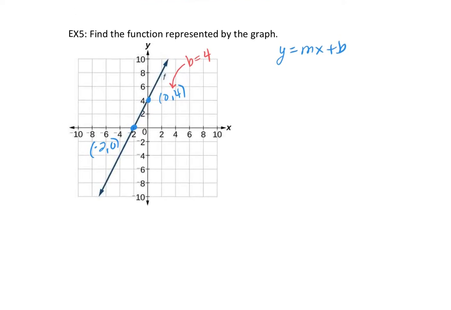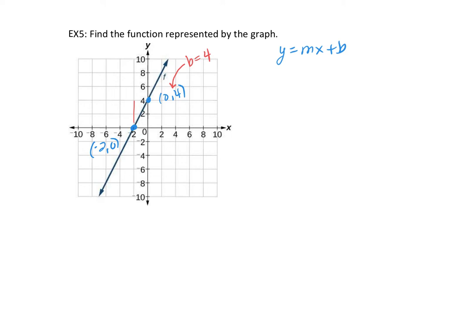If I were to count, I have to be really careful that I'm looking at how the axes are labeled. Notice that these skip, like it goes 0, 2, 4, 6, 8. So each tick mark is actually worth 2 units, not 1 unit. So if I were to go from one point to the other, let's say I'm going to start at the point (-2, 0), and I'm going to count 2 tick marks up.